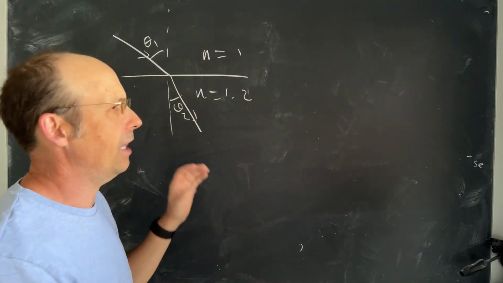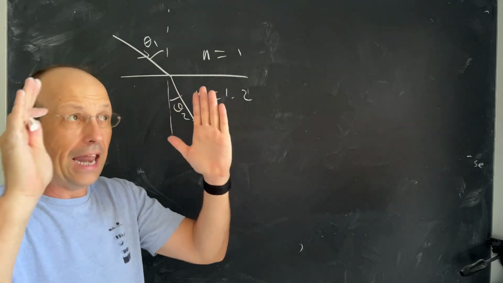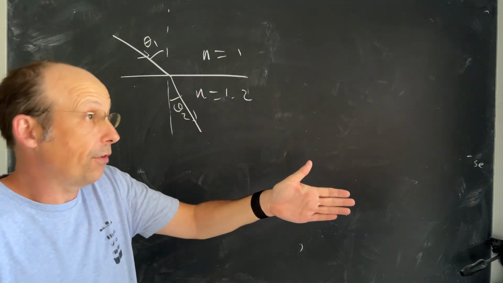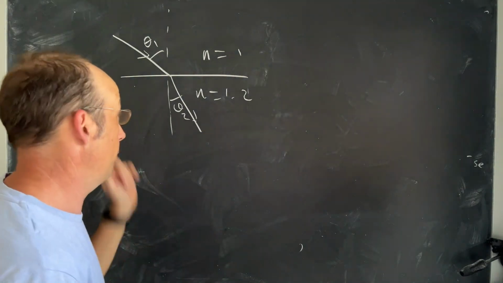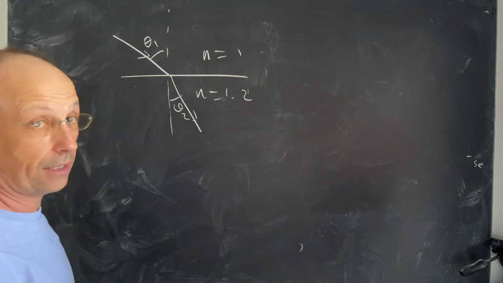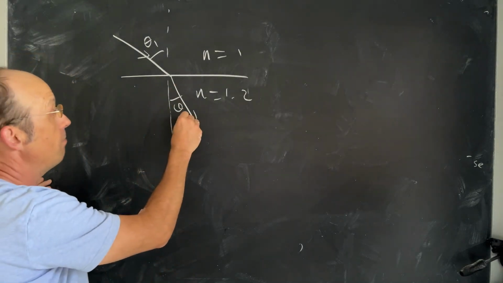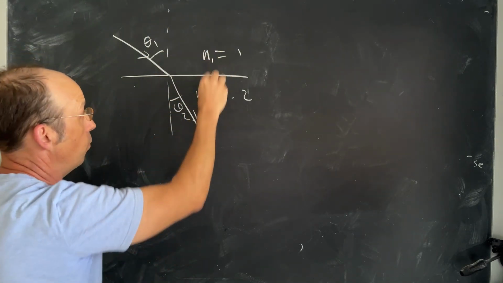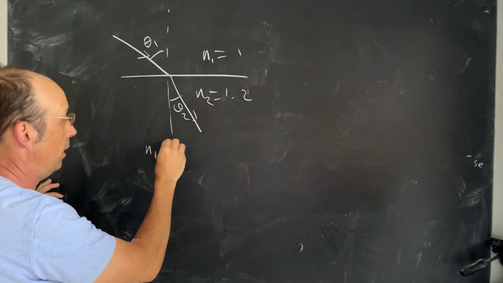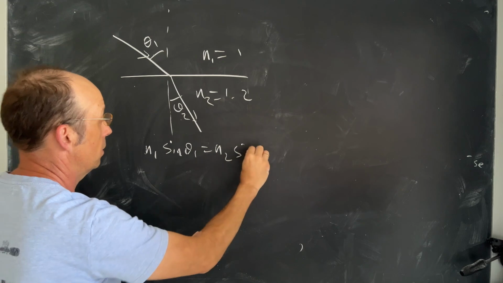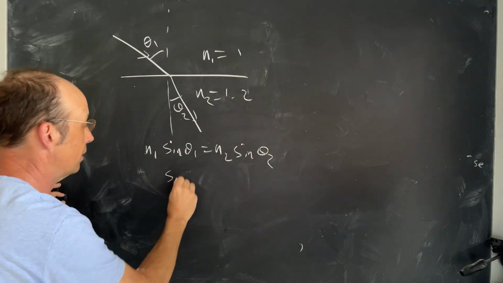And there's the classic example of an axle rolling on cement, and then it hits grass, and if one wheel slows down before the other, it causes the whole thing to turn. The same thing here. Now, the nice thing here is it doesn't matter which way the light's going, it's going to take the same path, but we can make a relationship between these two angles based on these index of refractions, n1, n2. n1 sine theta 1 is n2 sine theta 2. This is called Snell's law.